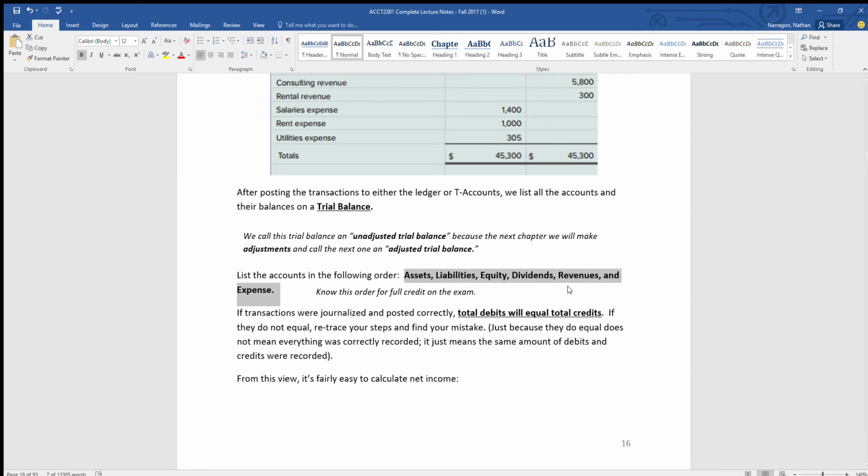Boom, there you go. Basically you need to know this for any exam. Connect tends to use the same thing. It always follows these categories this way: balance sheet, then dividends, revenue and expenses, income statement.